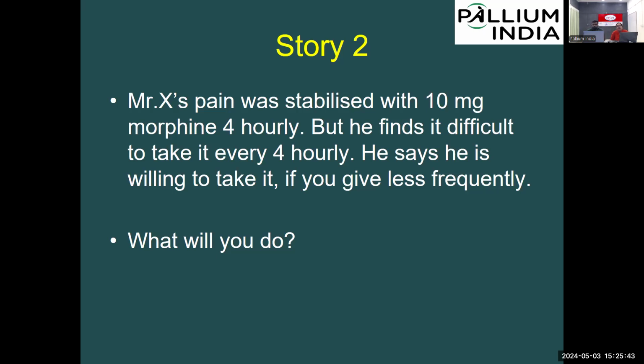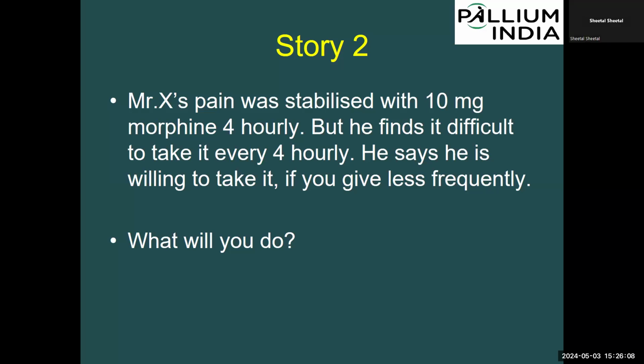He says he's willing to take it orally, but he is worried about the frequency and is not ready to take it every 4 hours. He's asking whether you can do something to reduce the frequency. What can be done? Any suggestions?